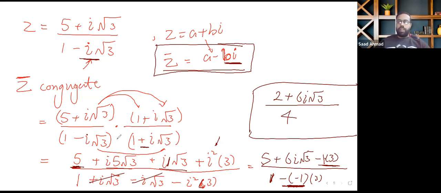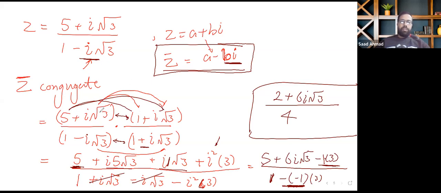But since we cannot just multiply the denominator, we also multiplied the numerator. Then we applied the FOIL rule, the FOIL rule for the multiplication. First we do 5 times 1 and 5 times this thing, right?